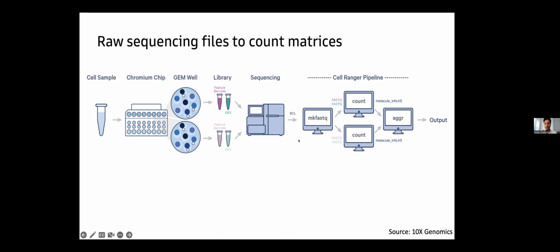So after we have this sequencing file, we need to convert it into the gene by cell count matrix that we are going to work with.